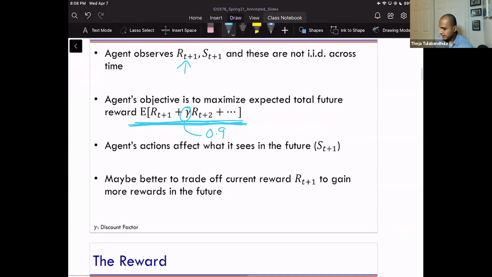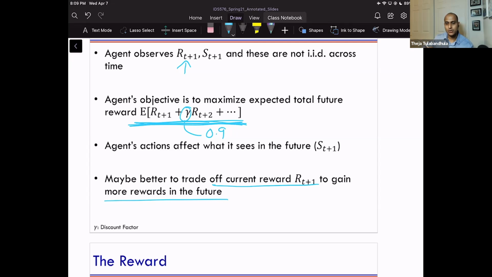The non-triviality is that the agent may trade off current reward to gain more rewards in the future. For example, think of the car situation. The car can wait in a certain lane for a long time, losing time, but that lane may lead to a highway where you can later speed up and get to your destination faster. So there's a long-term consequence of the action you're taking now.